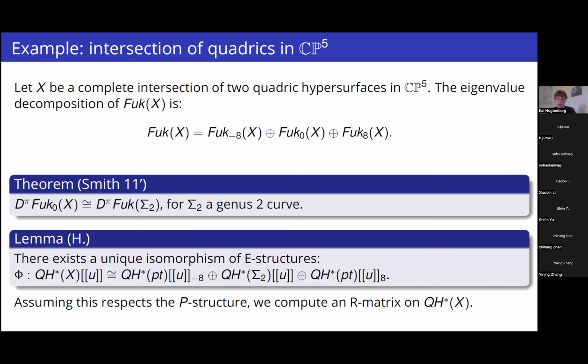But if you assume that, you obtain an R matrix, and you can compute some Gromov-Witten invariants. I've checked some low genus examples, and it does seem to suggest that this R matrix will give you all higher genus Gromov-Witten invariants of the intersection of quadrics from the higher genus Gromov-Witten invariants of the genus 2 curve.